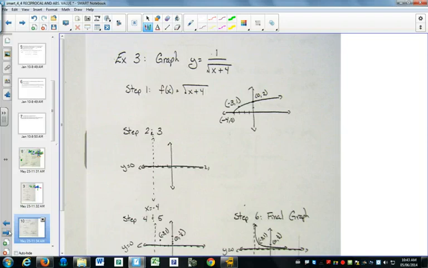So here we've got a square root graph on the bottom, the square root of x plus 4, which would just be moving x plus 4 to the left. What you would do is graph that one first, then off to the side, ask yourself, do I have any x-intercepts? Yes. I have an x-intercept at -4.